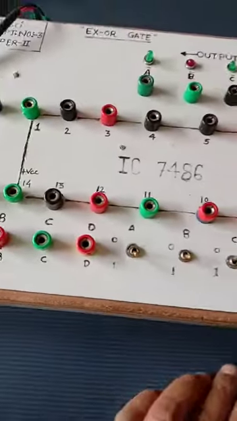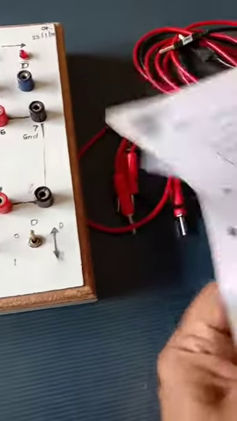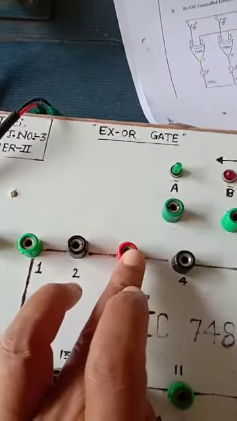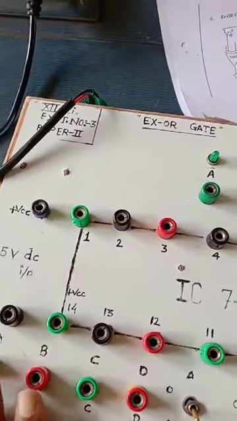Now first of all we have to verify the XOR gate. We have to verify each XOR gate. In the first XOR gate, pin number 1 and 2 are inputs and pin number 3 is output. First we have to connect a DC power supply.